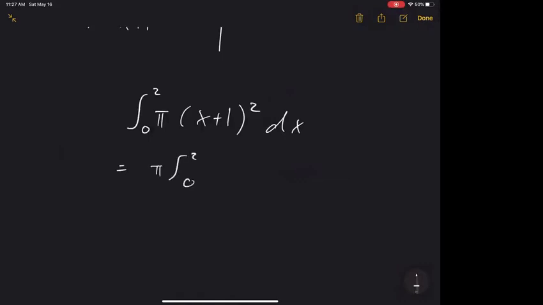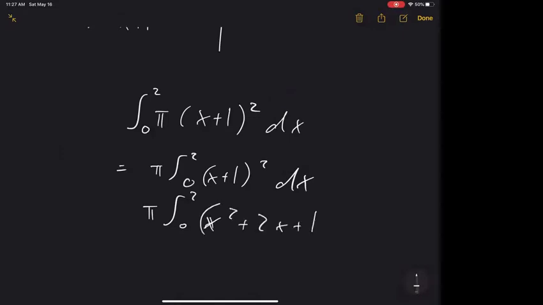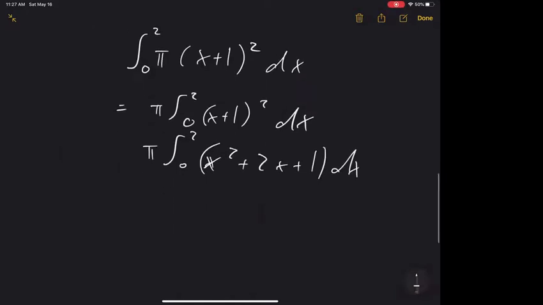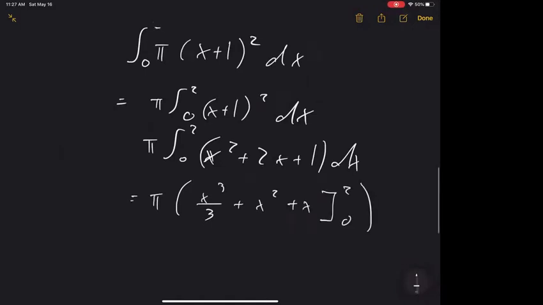I can pull the pi outside. I can just multiply everything out. I don't need to do a u substitution. I could do a u substitution, but it might be easier just to multiply everything out. Then integrate that stuff, from 2 to 0.